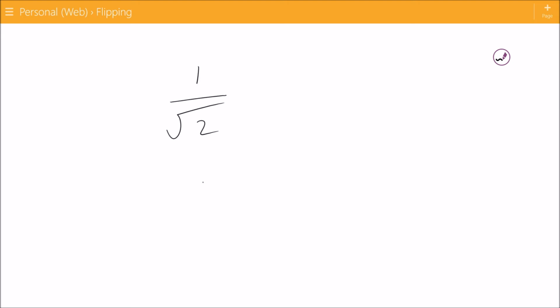If I can multiply the denominator by something to get out the radical sign, if you will, then I'll be set. In order to preserve the value, I can only multiply this by 1.